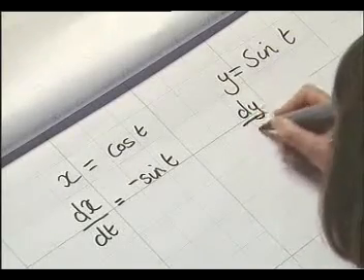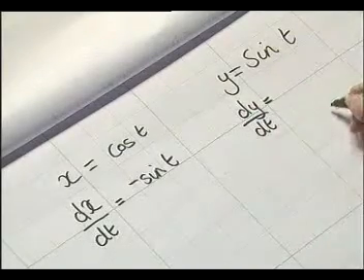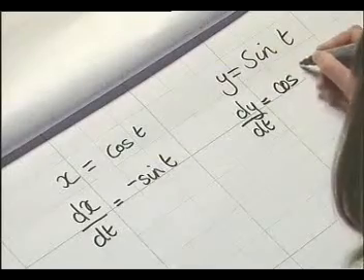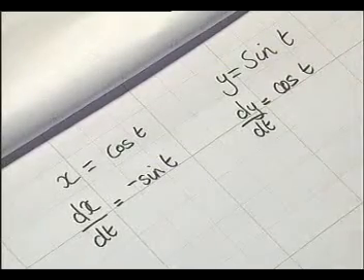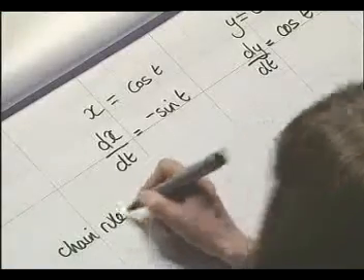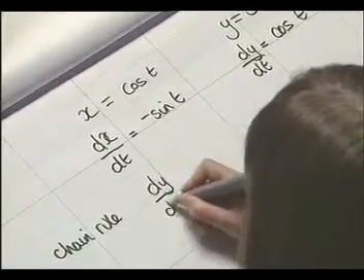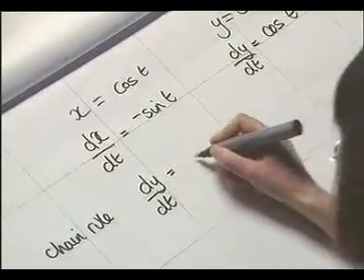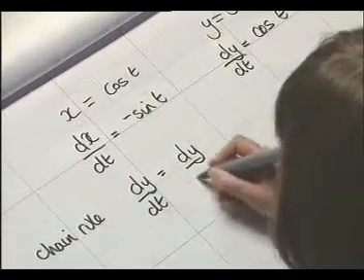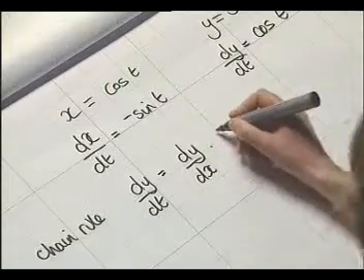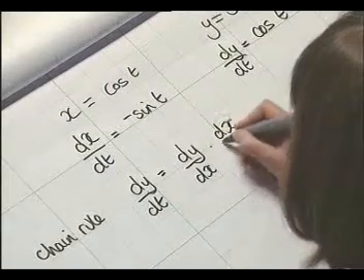For dy by dt, the derivative of sin t is cos t. Now, using the chain rule, which says that dy by dt is equal to dy by dx times dx by dt.